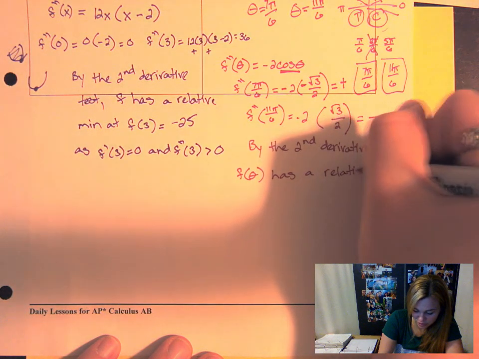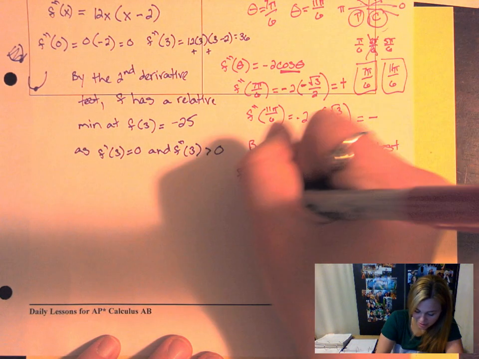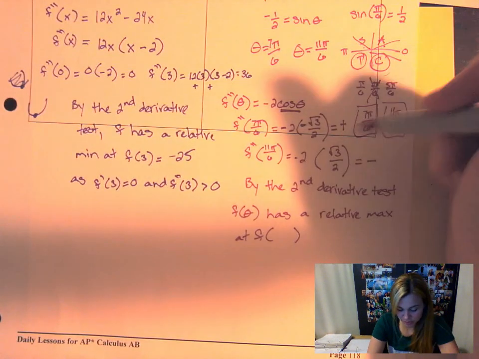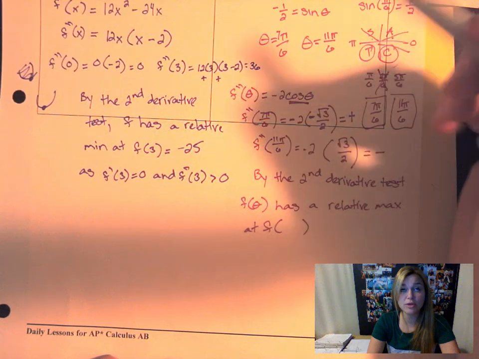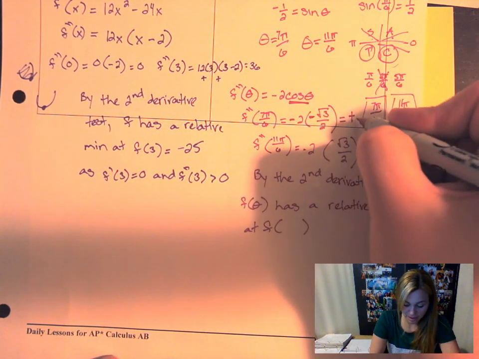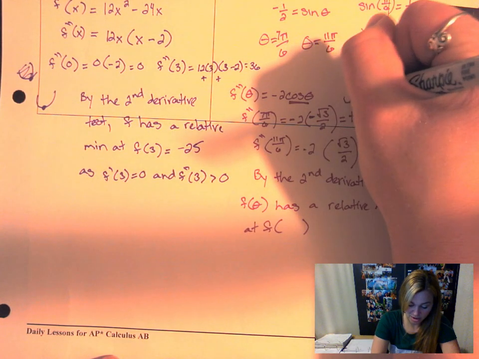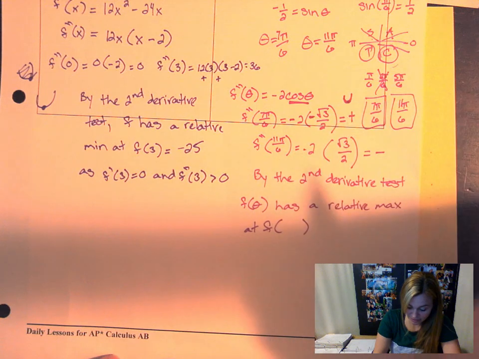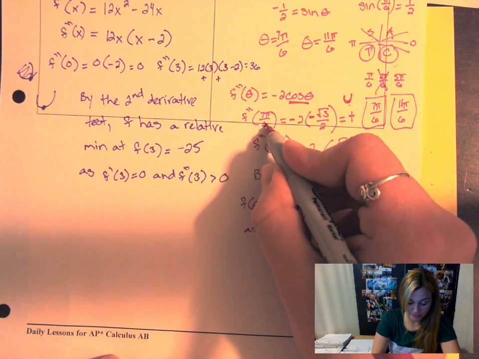Let's actually figure out what this is then, at f of something. Okay, let's think which one's a max, which one's a min. We know that both of them, the derivative is equal to 0, so now I need to look at the second derivative. Positive means f of x would be concave up, which means there's going to be a relative min at 7 pi over 6.